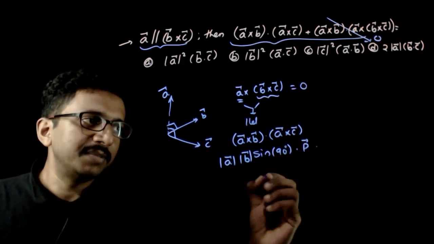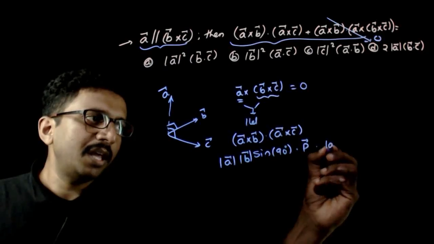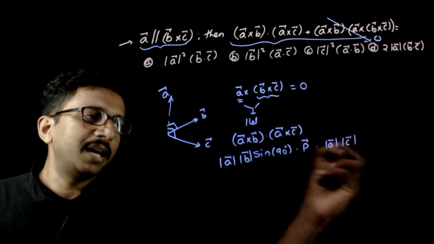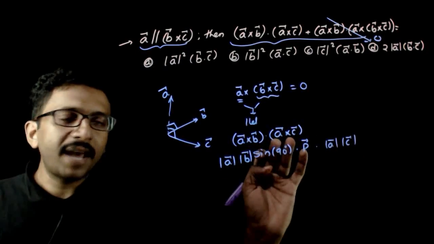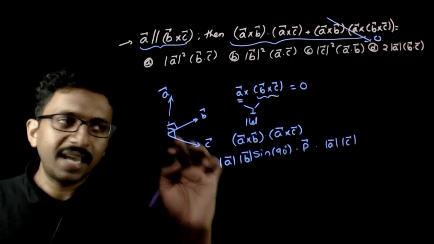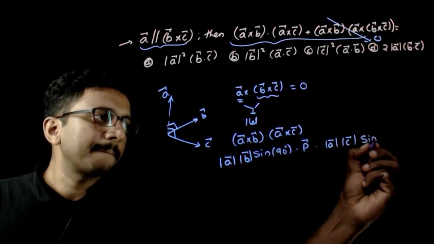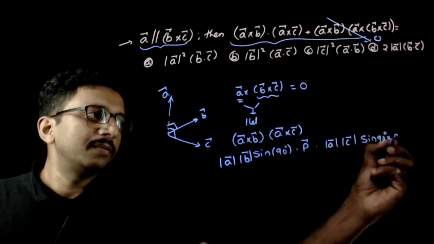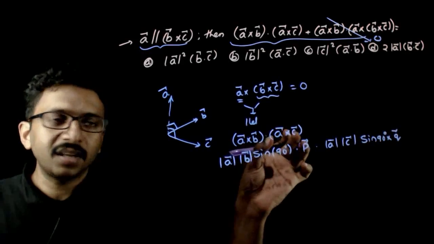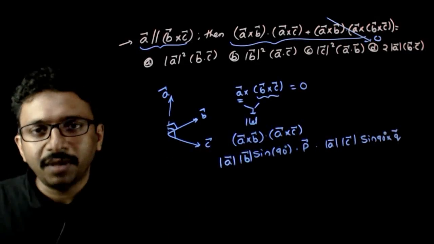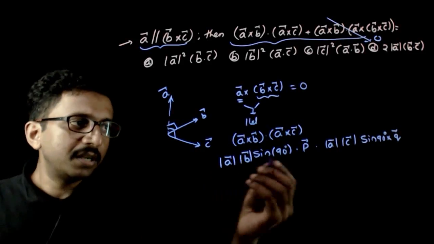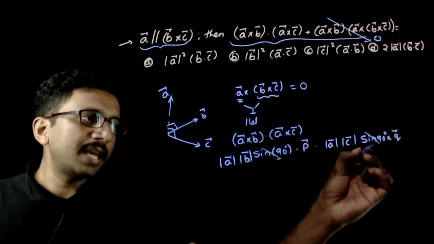And dot mod A bar into mod C bar into sine of the angle between A bar and C bar, which is sine 90 degrees, into a vector Q bar which is in the direction perpendicular to A bar and C bar. Now sine 90 is 1.